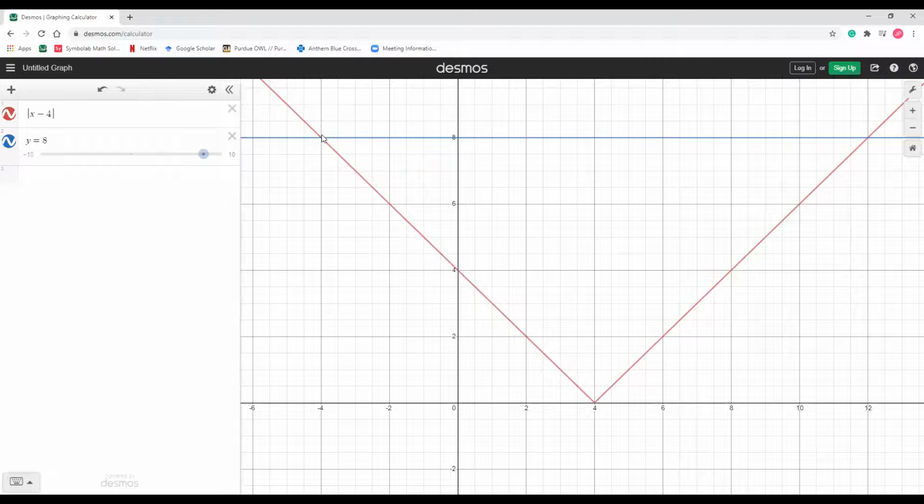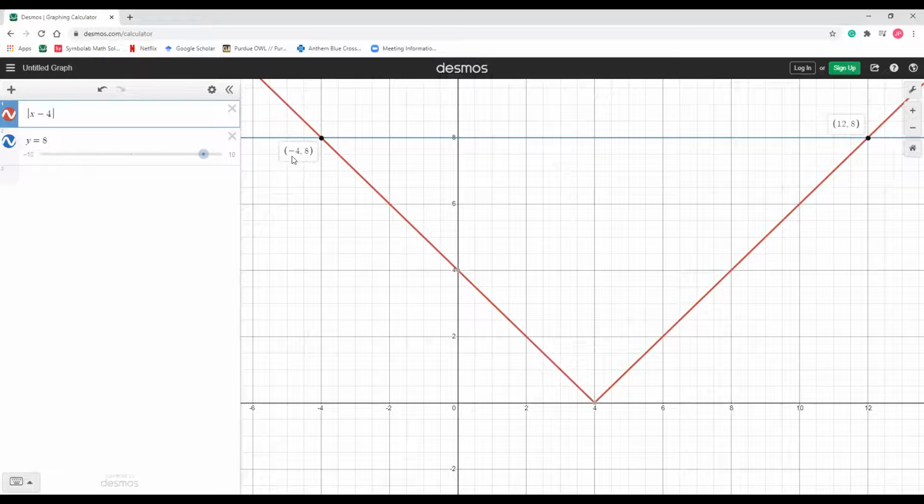And so here is the line where y equals 8. And so I want the function, absolute value of x minus 4, to be less than 8. So I want all these numbers down here that are below that blue line.